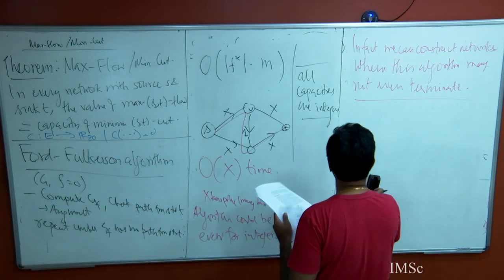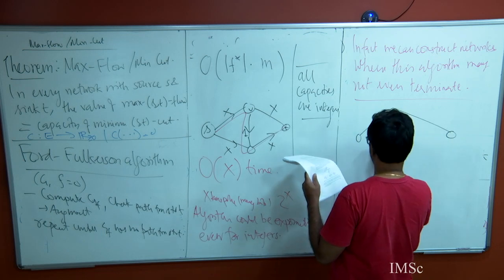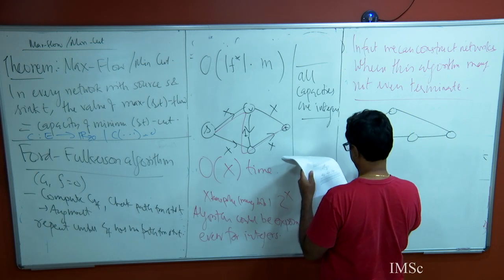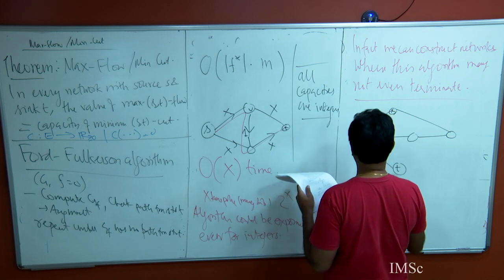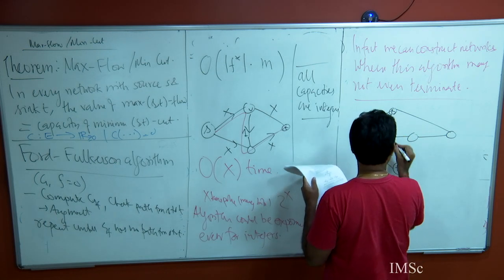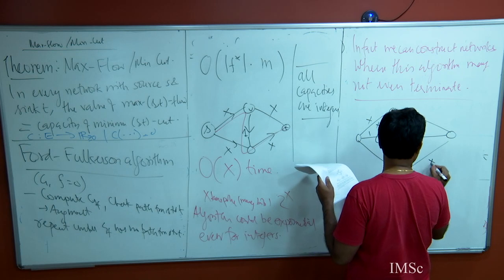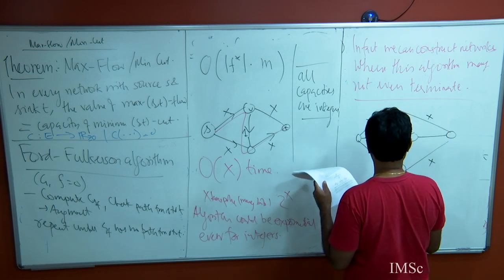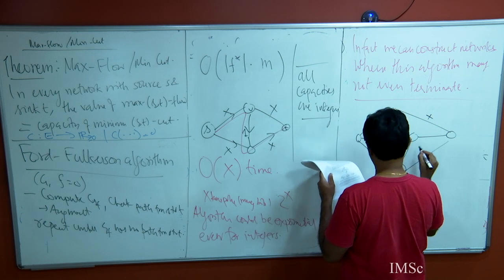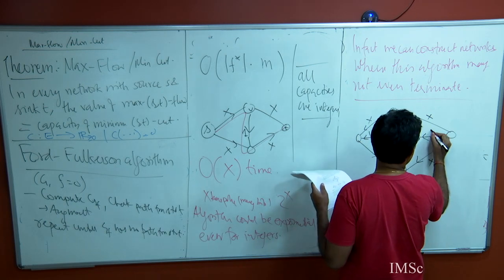Okay, so here is one of the simplest examples which we are aware of. This is S, this is T, this is some quantity X, this is X, 1, 1, and this is X, this is some quantity X, this is X, okay, and this is phi.